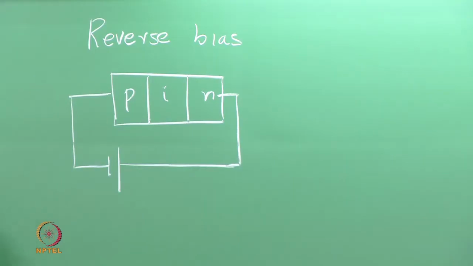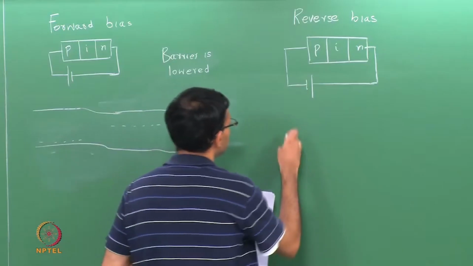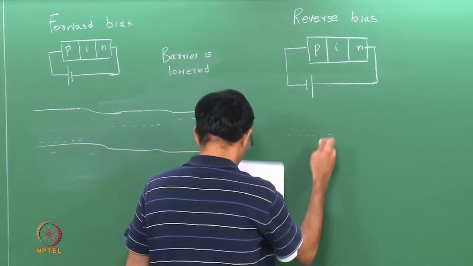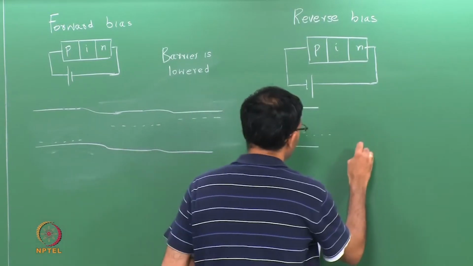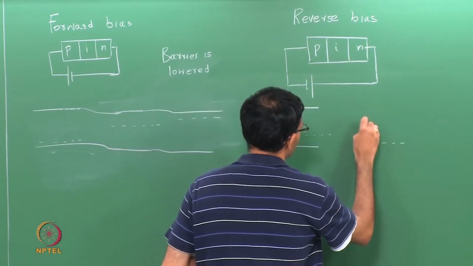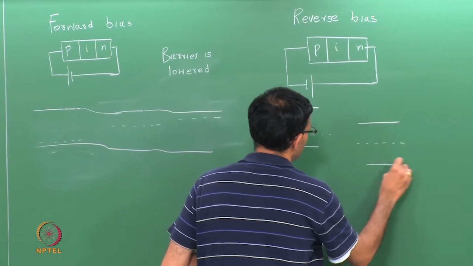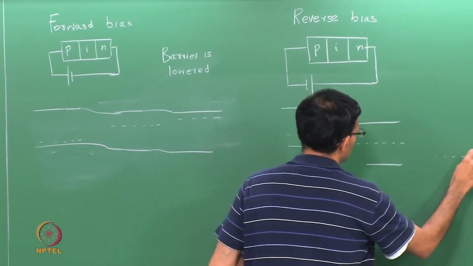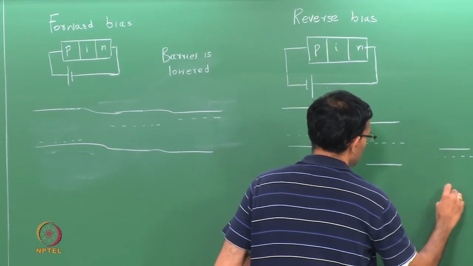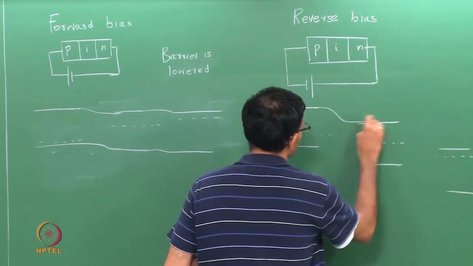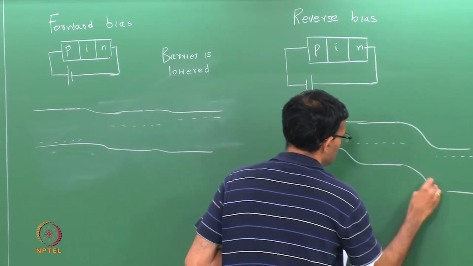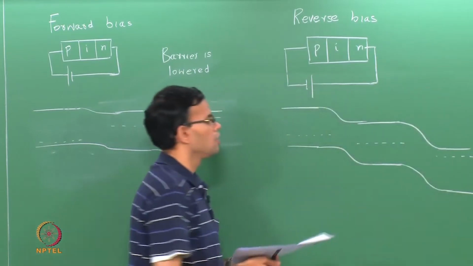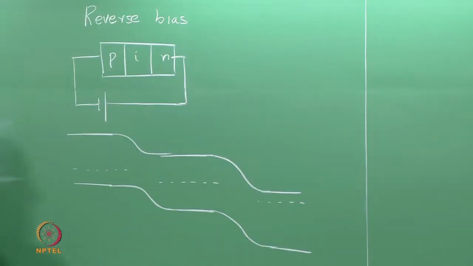So, here the barrier is actually increased, so that now it has become more difficult for the current to flow through.